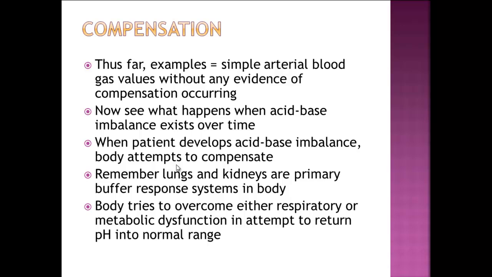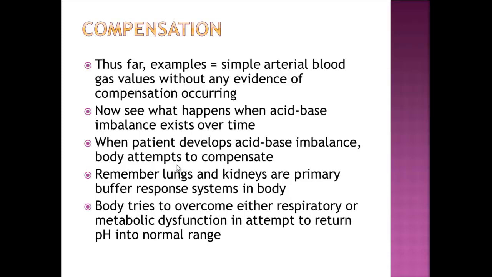But now we're going to move into something a little more difficult. When this acid-base imbalance exists over time, when the patient develops the imbalance, the body will attempt to compensate. So far we've been looking at uncompensated cases, but now we're going to look at the arterial blood gas values when compensation is present.